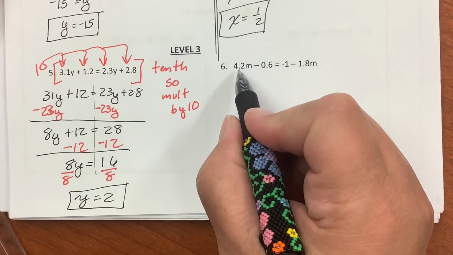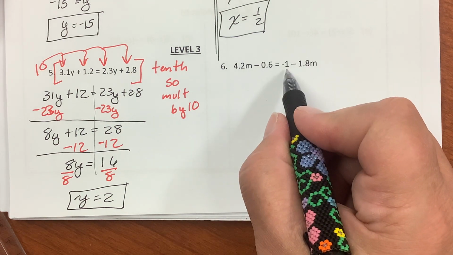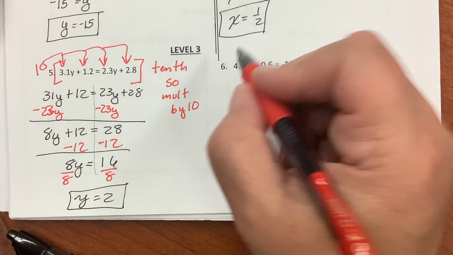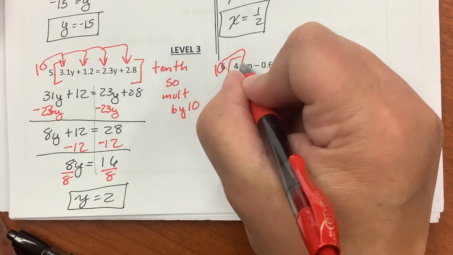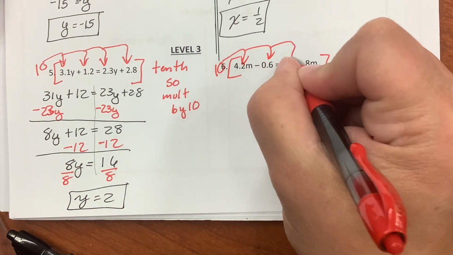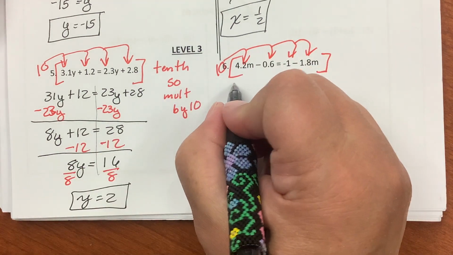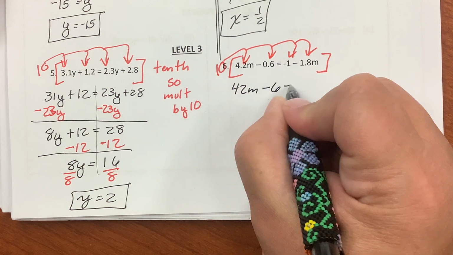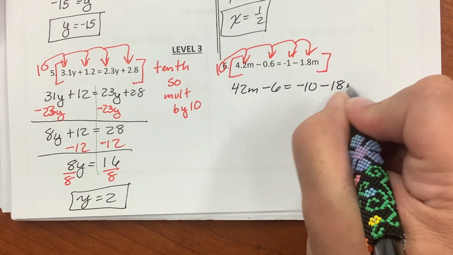So let's look at this. 4 2/10, 0 6/10, 1, but no tenths, 1 8/10. So multiply everybody by 10. 10 times 10 times 10 times 10. I get 42m minus 6 equals negative 10 minus 18m.